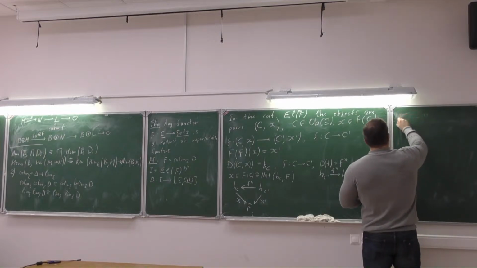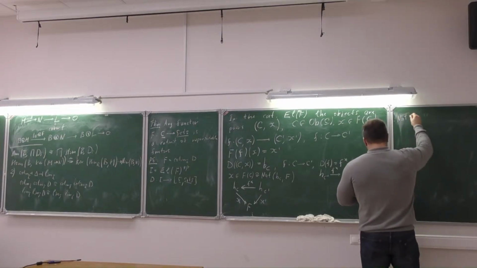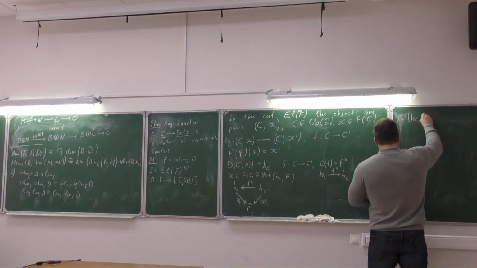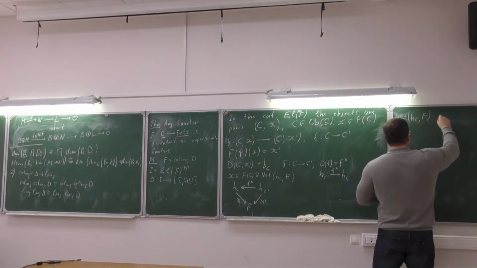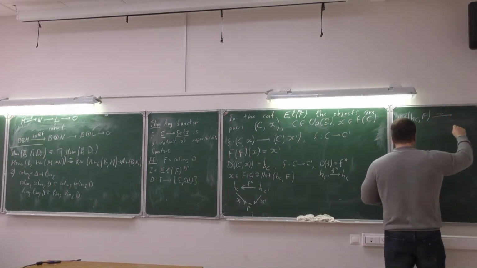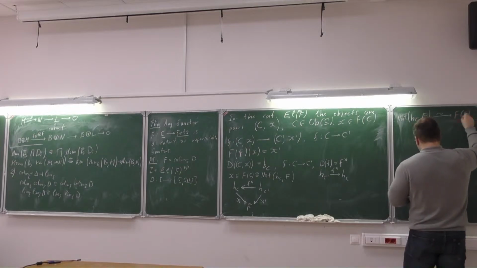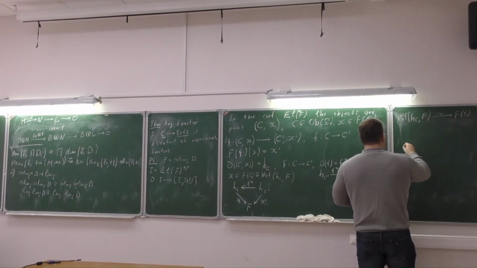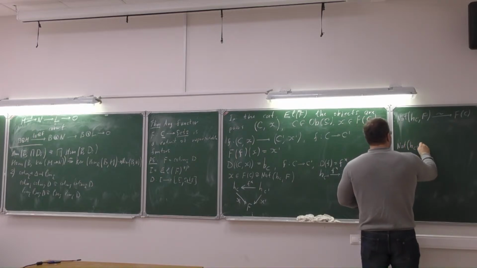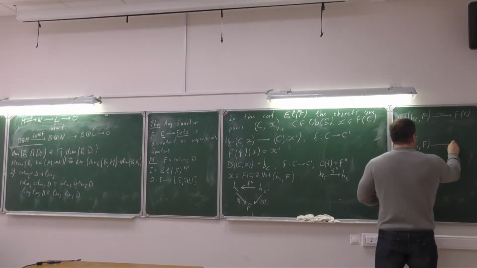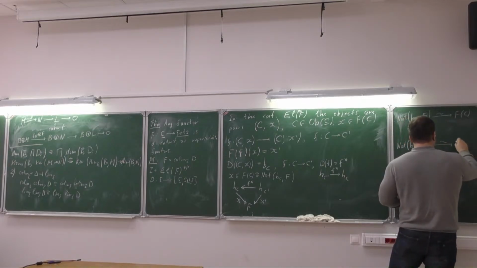So I have a natural transformation from the h sub C to the F. By the Yoneda lemma, I know that I can identify this with the F of C. I have the same, but for the C prime. So natural transformations from the h sub C prime to the F. By the Yoneda lemma, I can identify this with the F of the C prime.